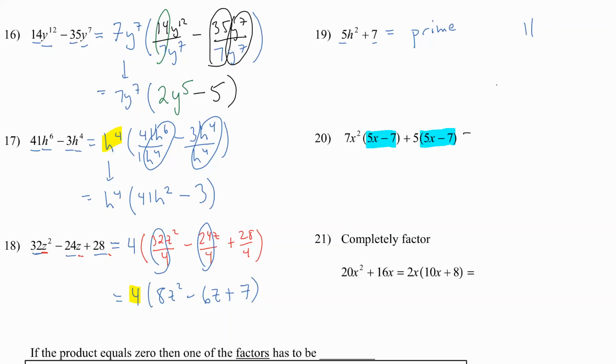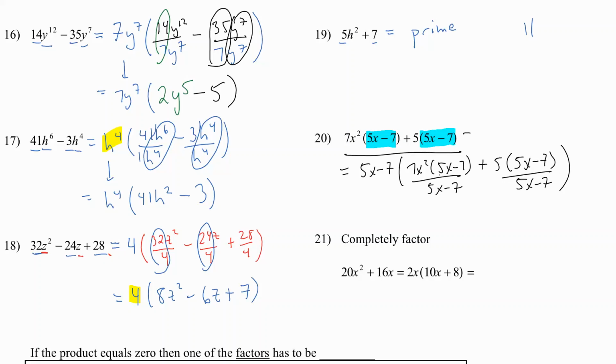Actually, let me write this underneath it. So we're going to divide this out of each term. So if I copy this entire thing again, plus 5x minus 7, and if I divide both of those terms by its greatest common factor, we'll see that anything divided by itself is 1.